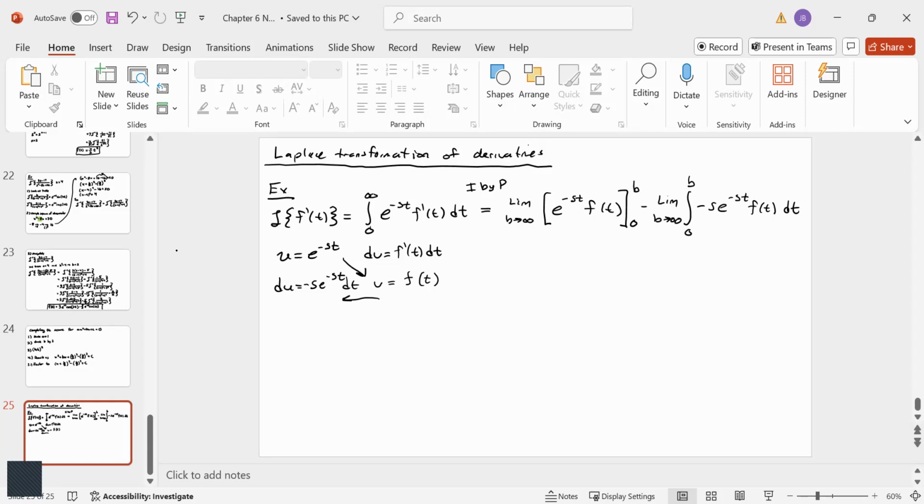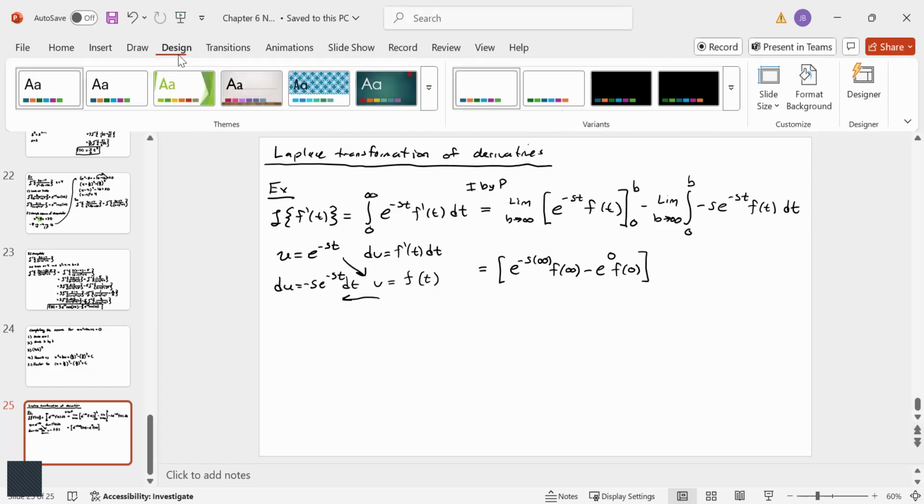So what I can do, okay, is plug in infinity now. So e to the negative s times infinity, like that, of f of infinity, minus e to the 0 f of 0, like that.